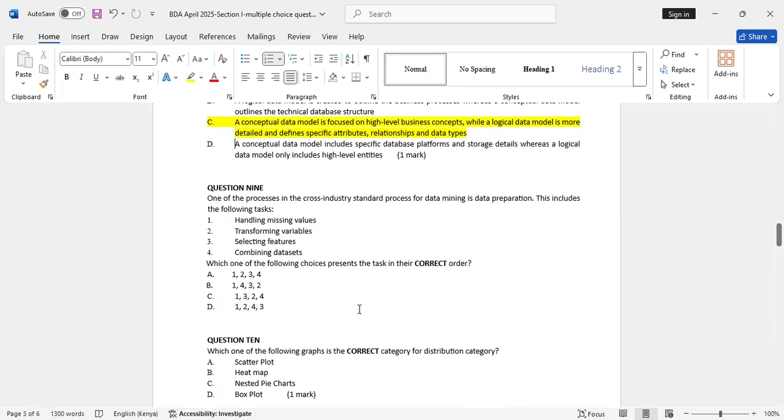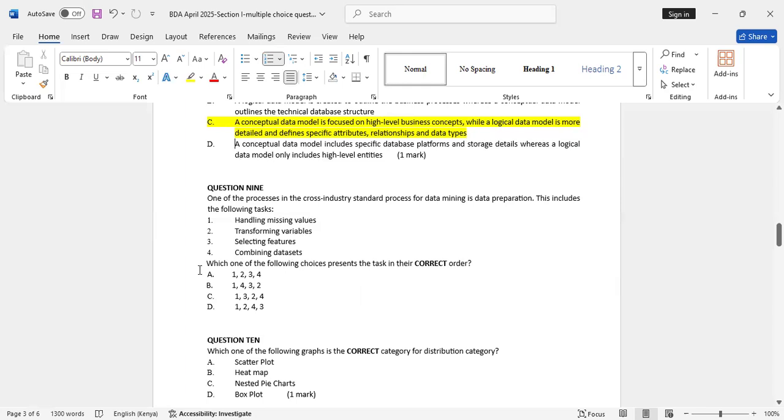Number 2, transforming variables. 3, selecting features. 4, combining data sets. For you to answer this question correctly, the last part of data preparation is always combining the data sets. That will help you to eliminate other answers. Combining will always be the last.